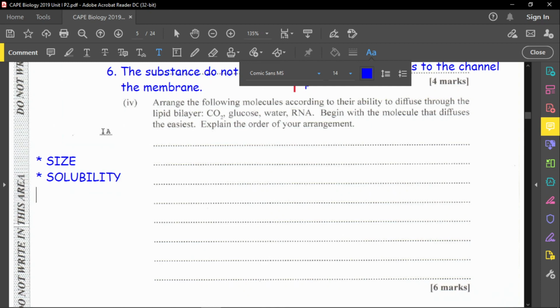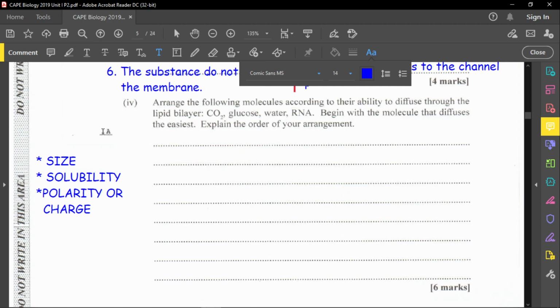I will also say polarity, or the charge. Polarity or charge is very important in terms of how the substance will go across the membrane. Remember the phospholipid has two parts: a phosphate head, which is polar, and the fatty acid tails, which are non-polar.